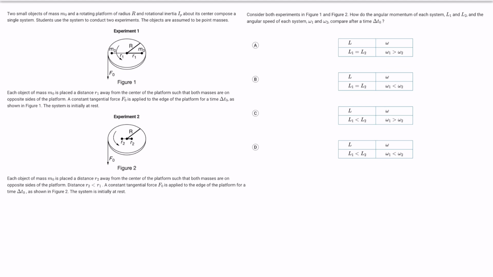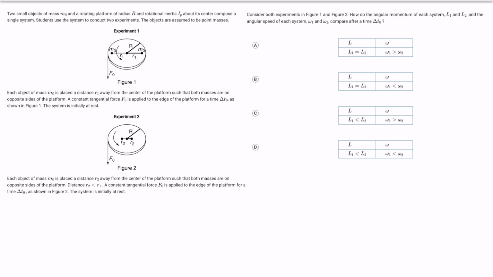Okay, good. So we know that the same tangential force is applied in both experiments for the same amount of time. The only difference is that experiment 2 has our masses closer to our axis of rotation than experiment 1. And what that will change is it'll make the moment of inertia for experiment 2 smaller than the moment of inertia for experiment 1, because the moment of inertia is kind of defined as how closely packed the masses of a rotating object are to the axis of rotation.